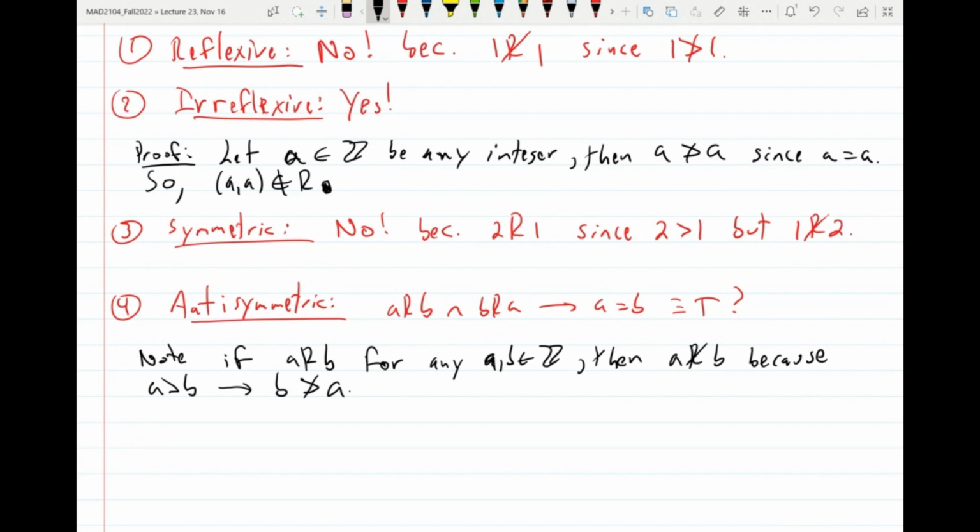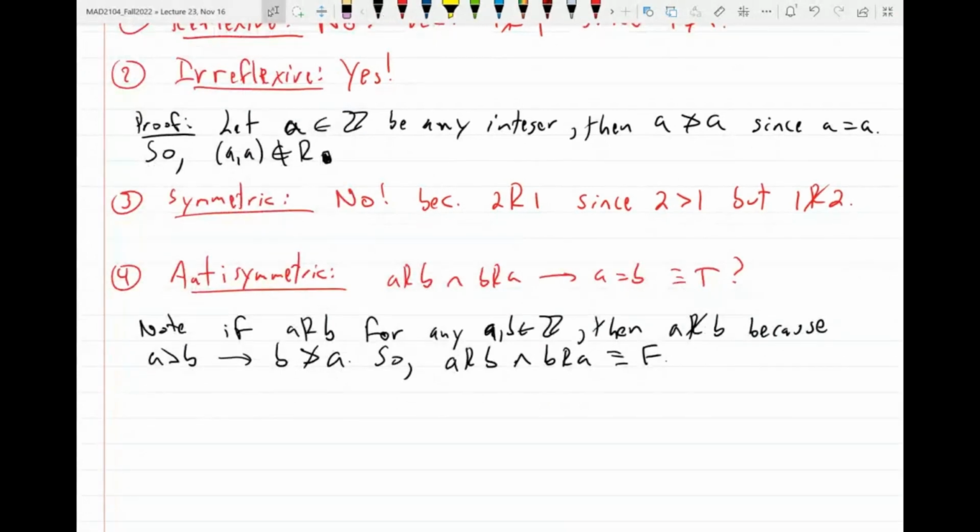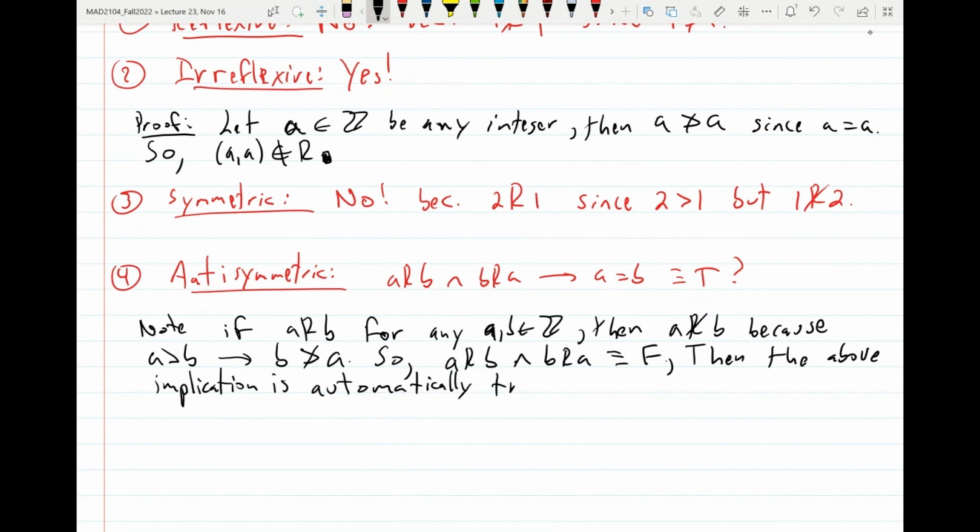So what this is telling me is that the statement A related to B and B related to A is false. But since this is a false statement, the above implication is automatically true. Do you understand this? In other words, you cannot produce a counterexample. So therefore, R is antisymmetric.